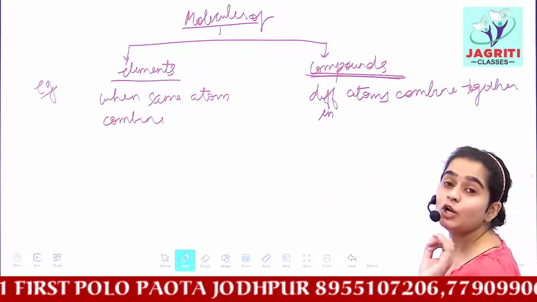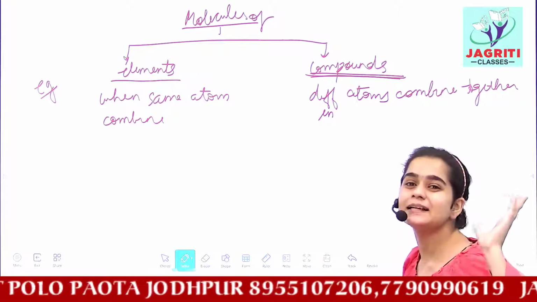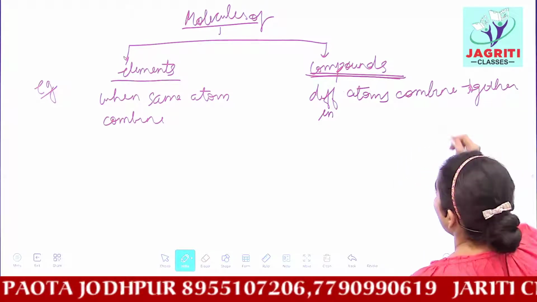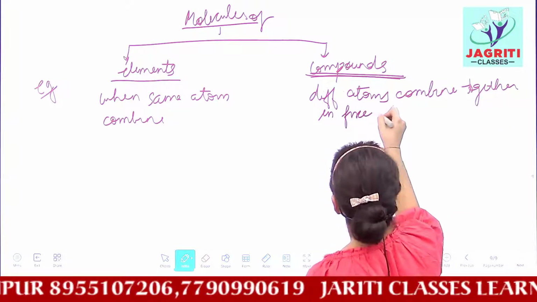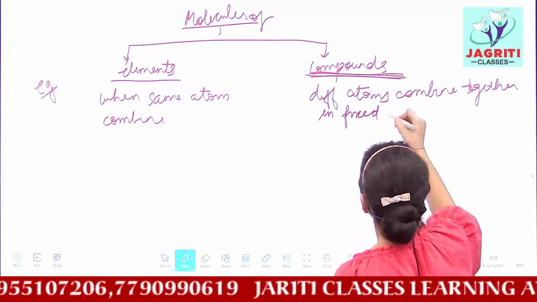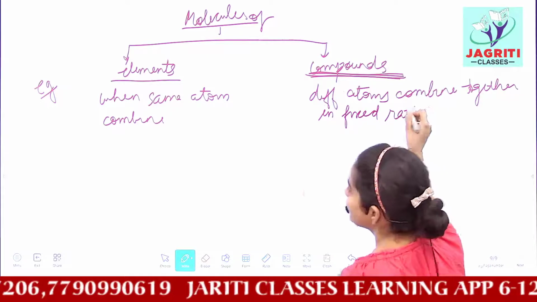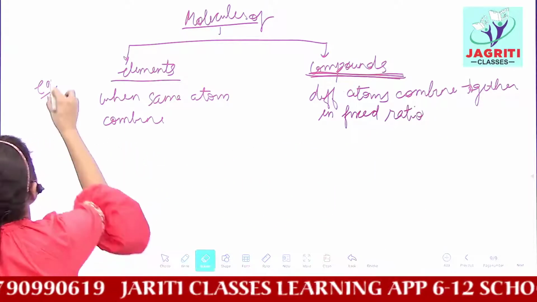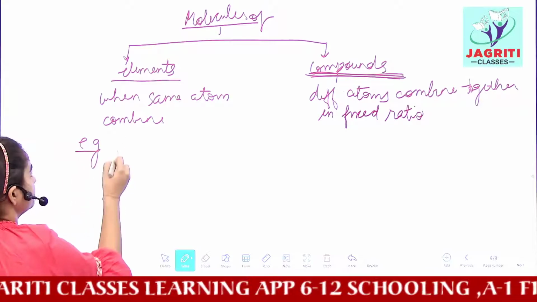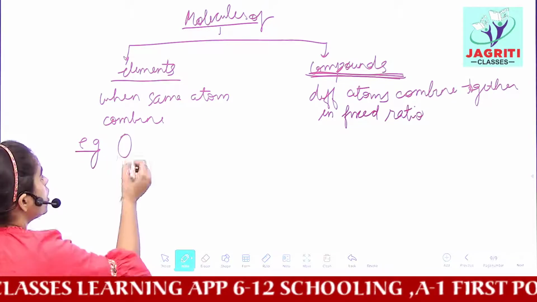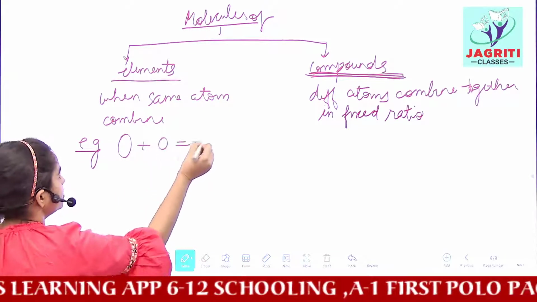Okay, we have already done the difference between mixtures and compounds. You have read it. So compounds are when different atoms combine together in a fixed ratio, then the entity is called a compound. For example, if I take an oxygen atom, when two oxygen atoms combine together, then you get O2.